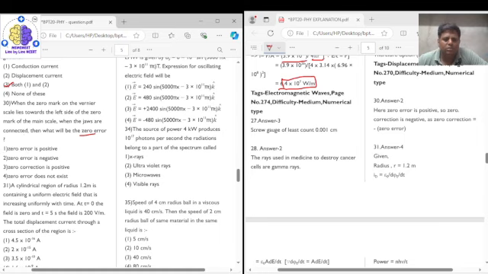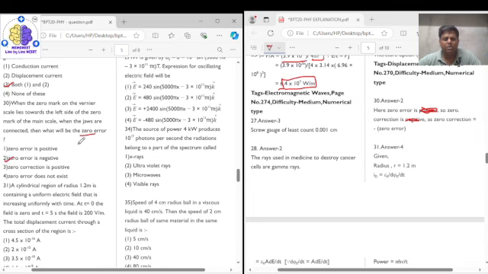Right? So wait, the correct answer for this question would be, so yes, so here they say that the zero of the vernier scale is lying on the left of the main scale. So when it lies on the left of the main scale, the error is negative. That is, the zero error is negative. So the correct answer for question number 30 is option 2, right?